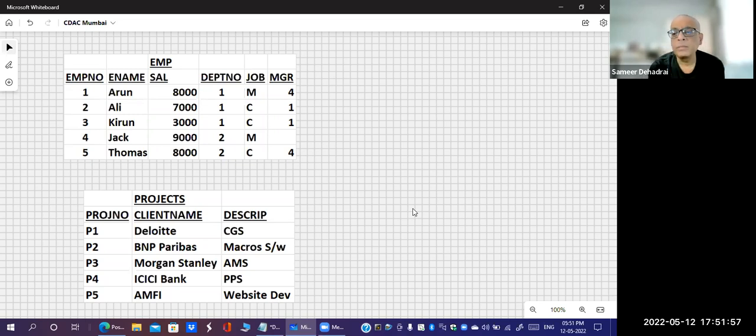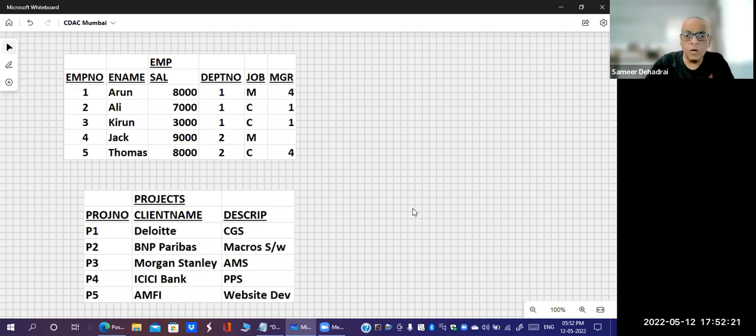When you start working, you may work on 2 projects simultaneously. Maybe morning 9 to 1, you will work on Australia project. And afternoon post lunch 2 to 6, you will work on UK project. You may work on 2 projects at the same time.